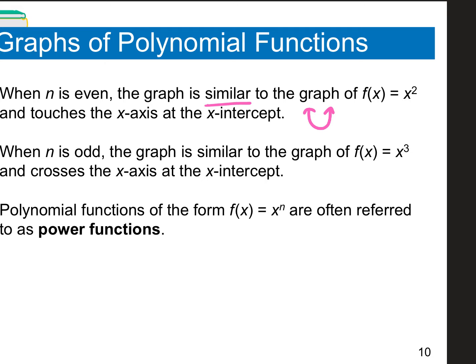Or it could also be a sad face like this. So that's when it's even. When n is even, when your exponent is even, the arrows go in the same direction.